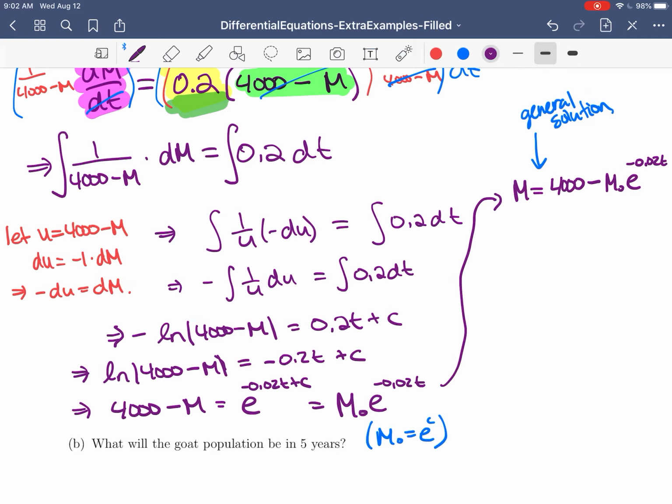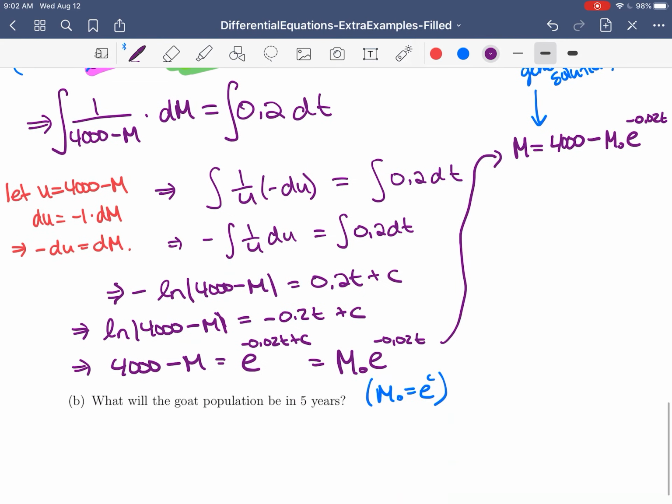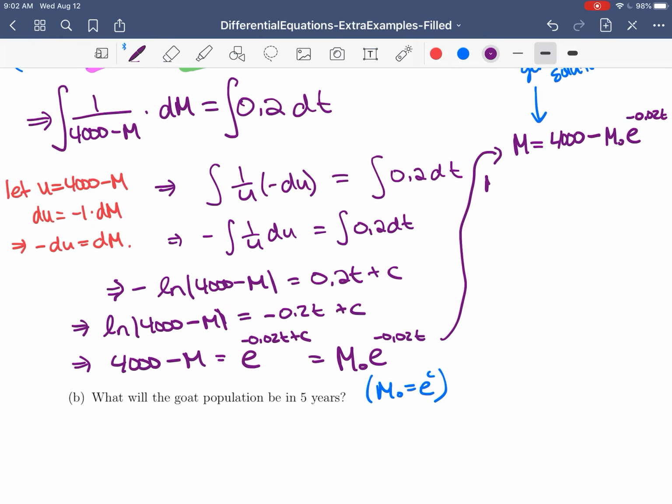Okay, there's one thing that we haven't used yet, and that is that m of 0 is 1,000. So let's use that. m of 0 equals 1,000 means that 1,000 is equal to 4,000 minus m0 e to the negative 0.2 times 0.